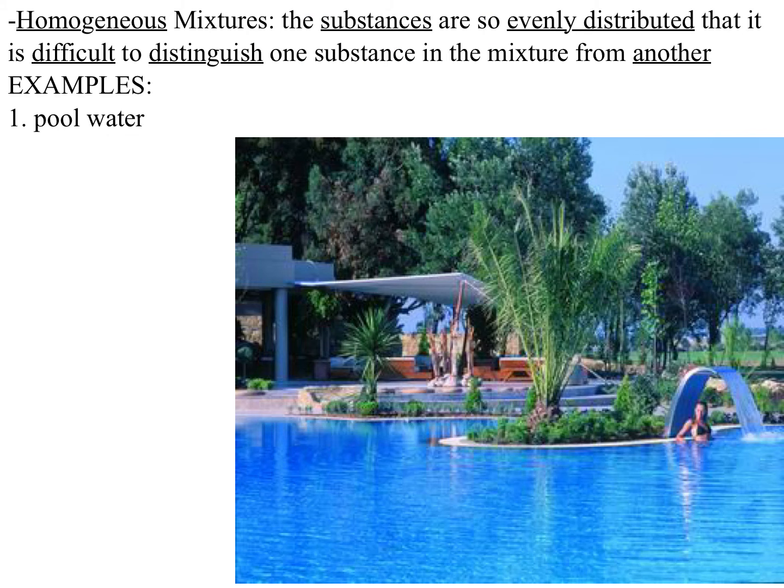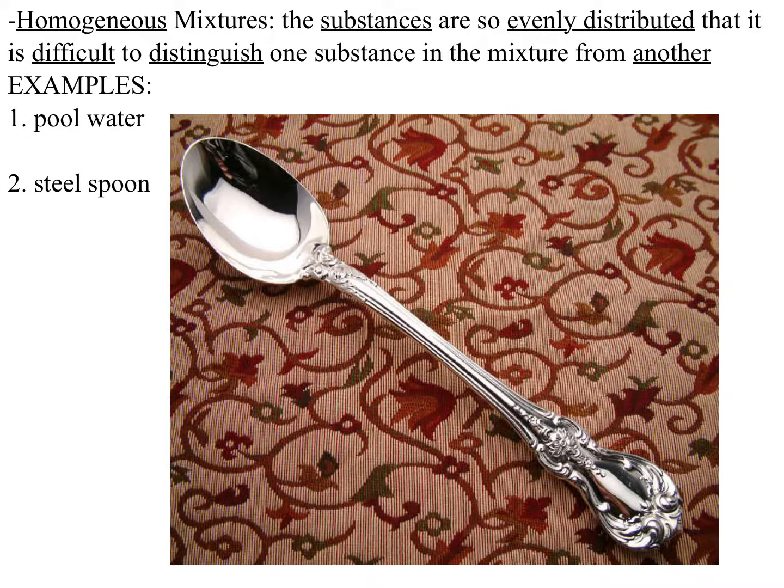So here are some examples of homogeneous mixtures. Swimming pool water. You want swimming pool water to be homogeneous. You don't want things floating around in there, right? You don't want algae growing and floating through there, or leaves or dirt. You want it to be a homogeneous water mixture. A steel spoon. Stainless steel is a homogeneous mixture of different metals.